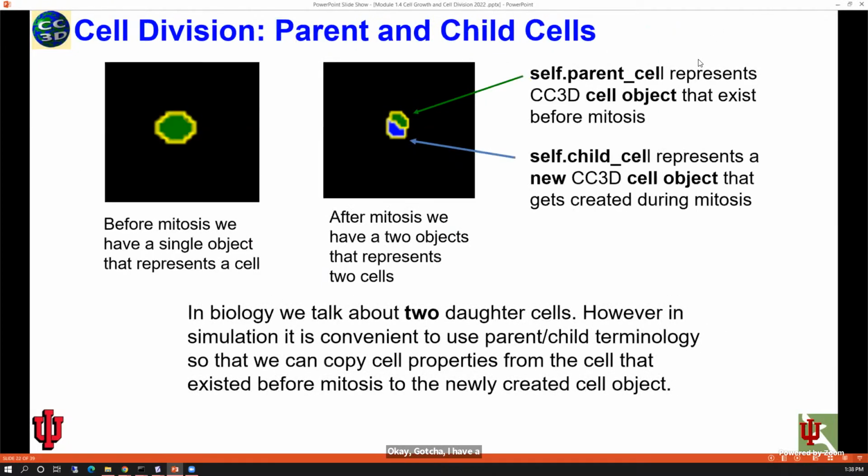I have a question regarding the division. Let's say we have an SBML model, a subcellular model, attached to a cell. If it is divided, will the SBML model be available in the child cell? You mean if the cell has an internal structure, for example, how to divide the internal structure?